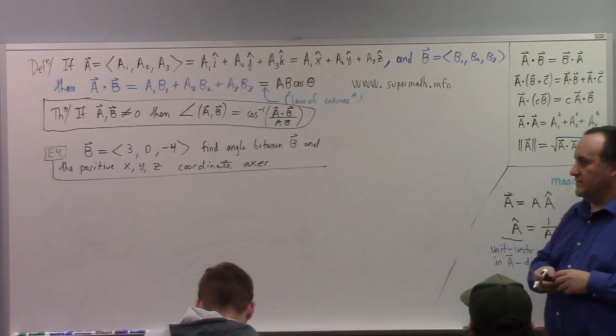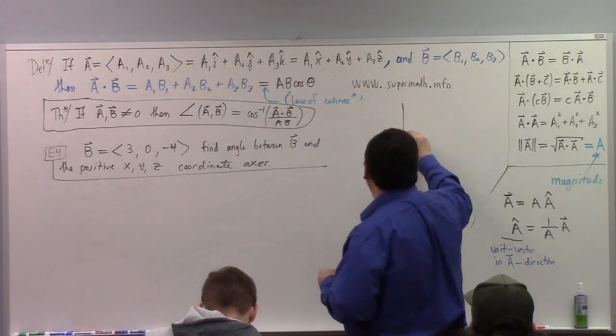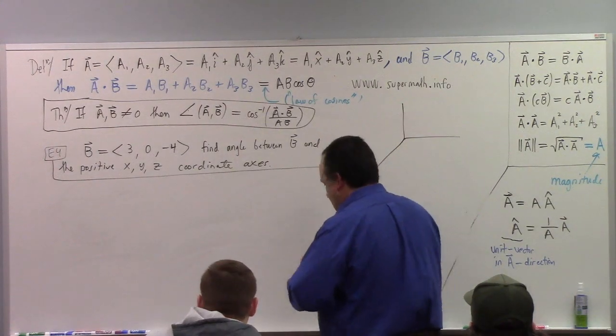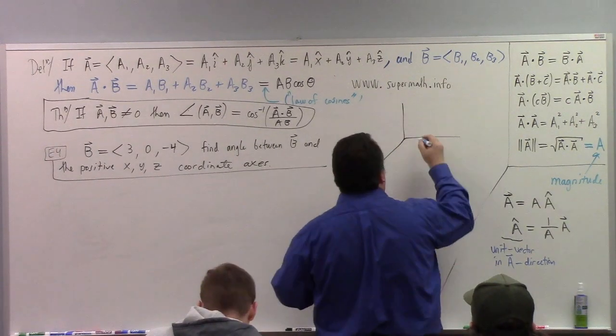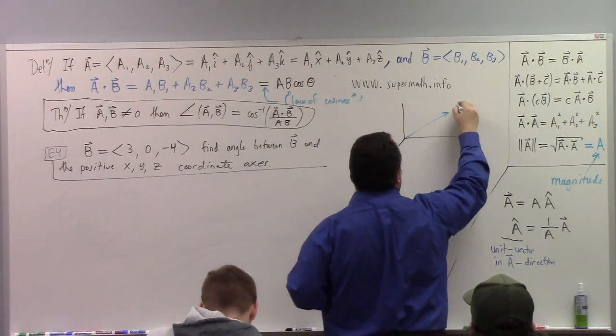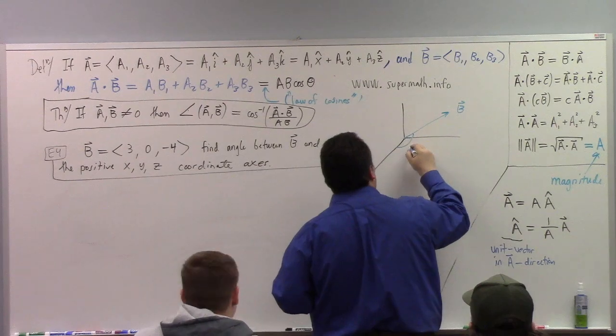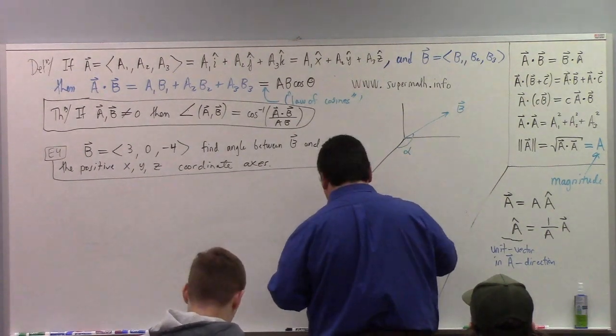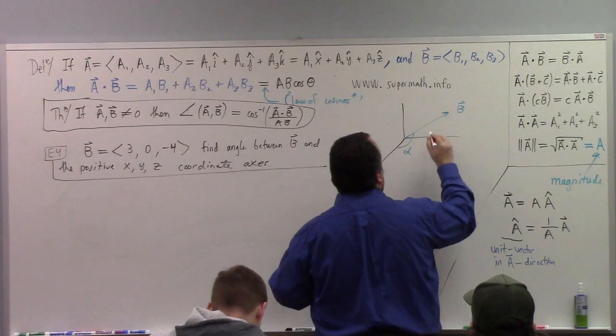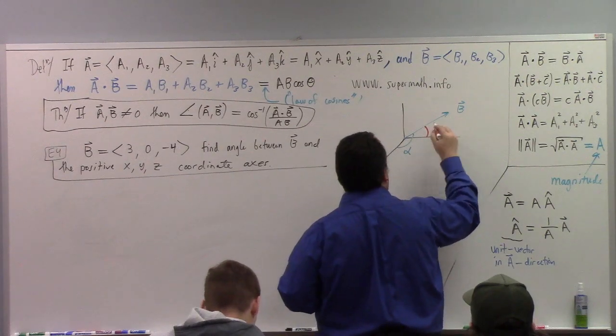So how should we do this? I can try to draw you a picture of it, and this picture is totally schematic. I don't even care where B goes. I'm just drawing what I mean by these angles. So we're asking, what's the angle like this, which is usually called alpha? What's the angle like this, which we usually call beta?